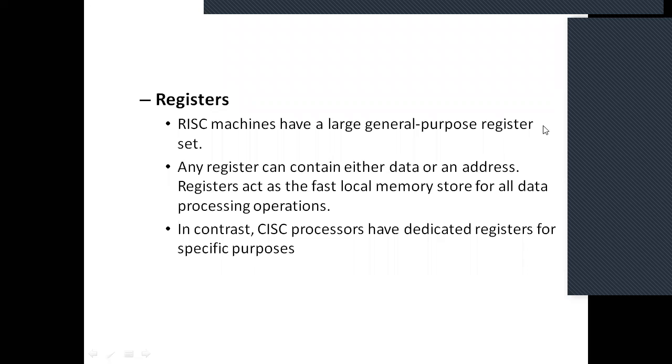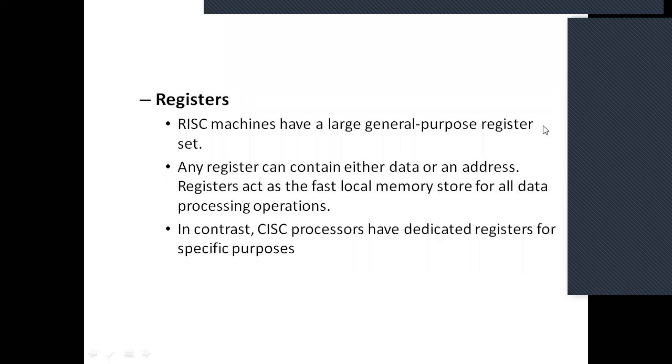As we know, a register is nothing but a temporary storage location, which is like a memory, but it has a very fast access time. That means storing data to the register, and taking the data from the register to the processing unit, will be faster compared to taking data from memory into the processing unit.